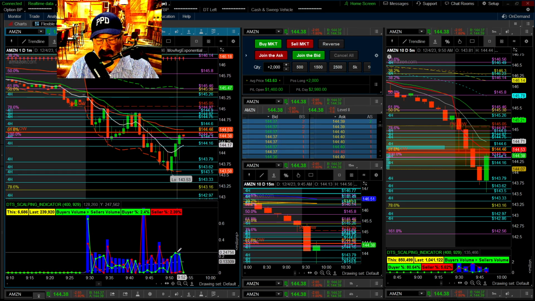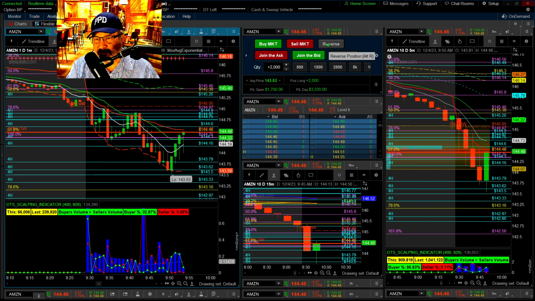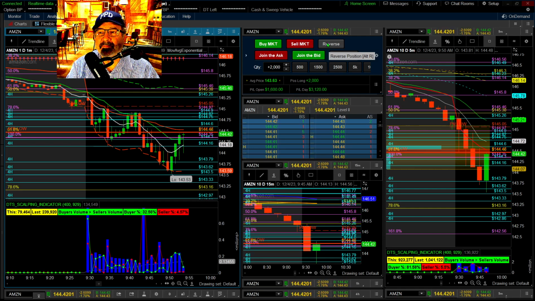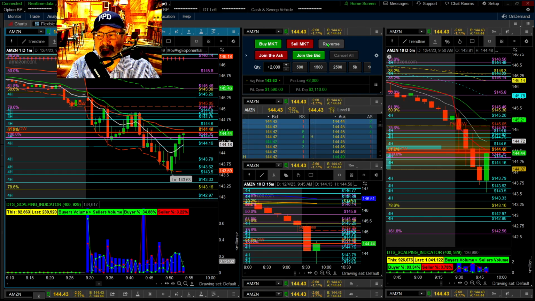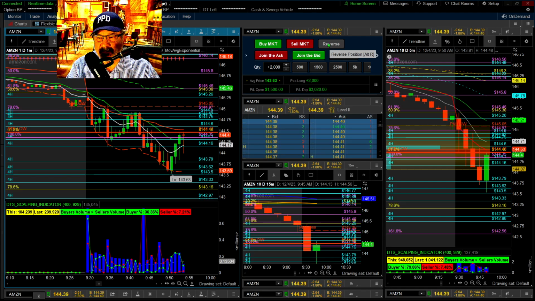Look at the strength here, though. It's dropping off a little now, just a hair. Volume's dropping on this candle.